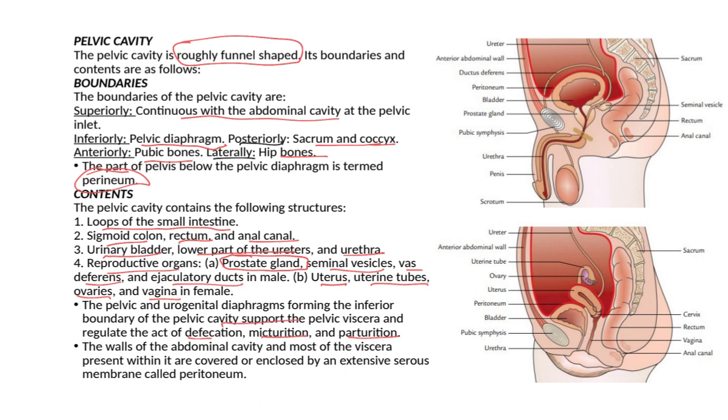Defecation means removal of feces. What is feces? Feces is the waste material after digestion. Micturition means urination. And what do you mean by parturition? Parturition means the act of giving birth.